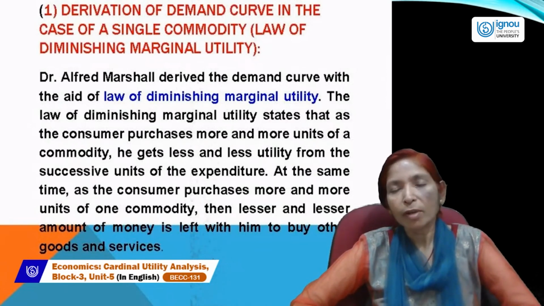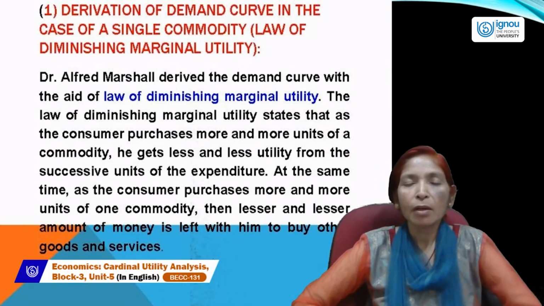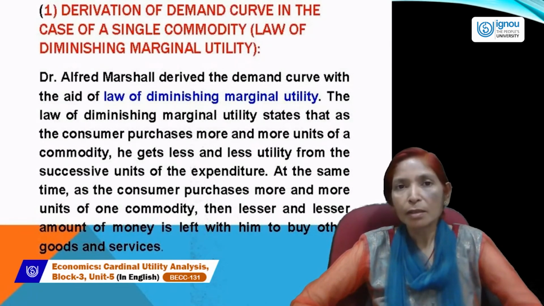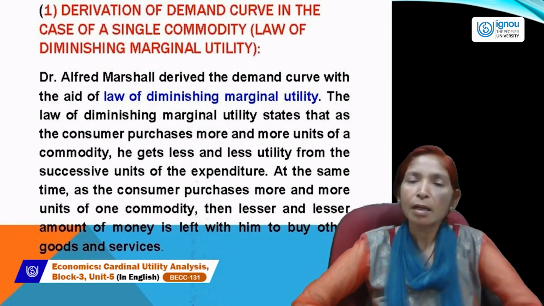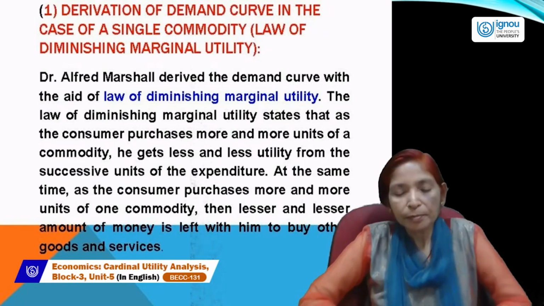That is called the law of diminishing marginal utility, and this law is a universal law. It is applicable in the whole world, not only in the Indian economy or any other type of economy. It is applicable universally.